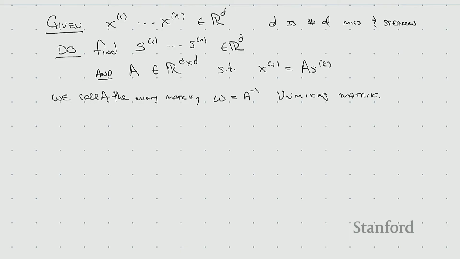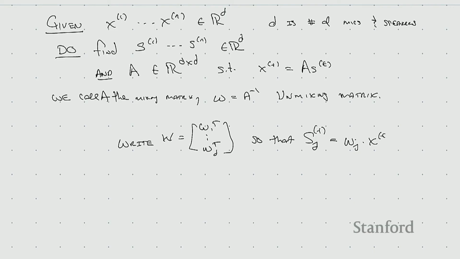Okay? So we're going to write W as W1 transpose to WD transpose. I'm just doing this so that I can write the following: this is just one way of writing the inverse, so that s_j of t equals w_j times x of t. Nothing happened here. I'm just giving you notation of how I think about the mixing, and this inverse is going to be important. If we had A, we would multiply by its inverse on both sides, and that would tell us the speaker that we were after. So W is what we need to multiply by.